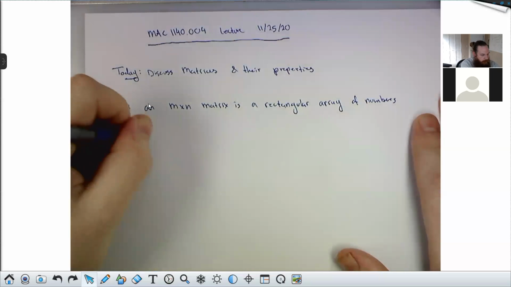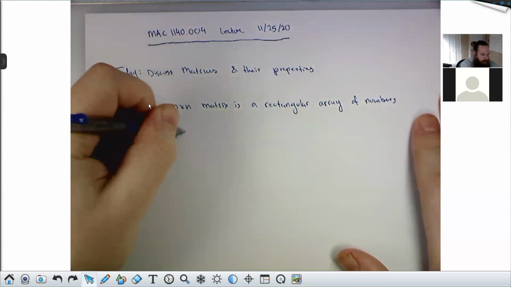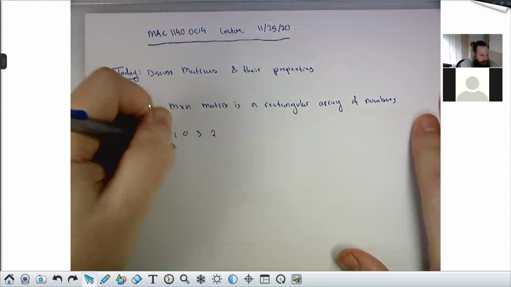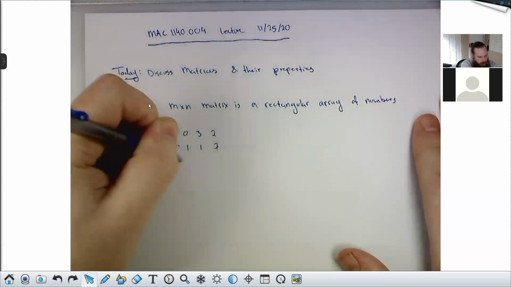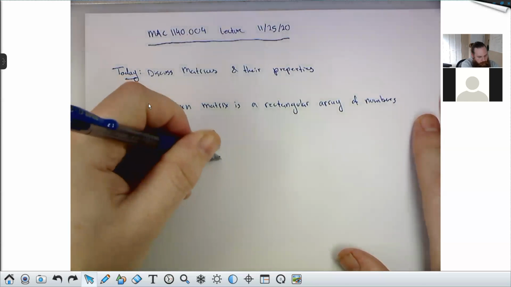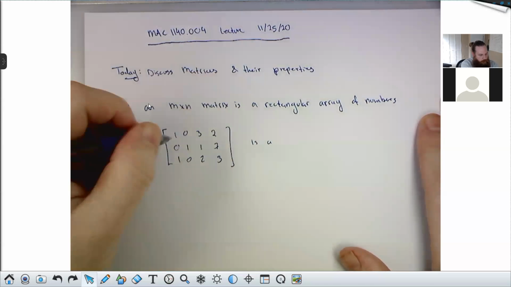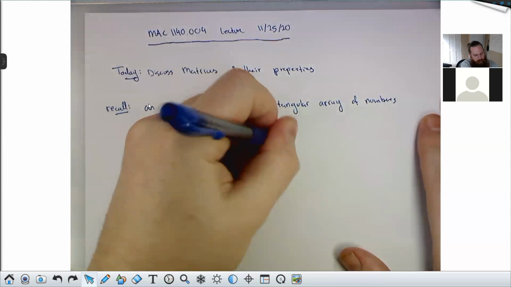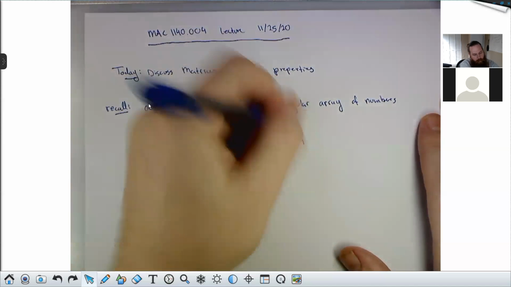We usually denote them by capital letters, like A equals [1, 0, 3, 2; 0, 1, 1, 7; 1, 0, 2, 3]. This is a 3 by 4 matrix.